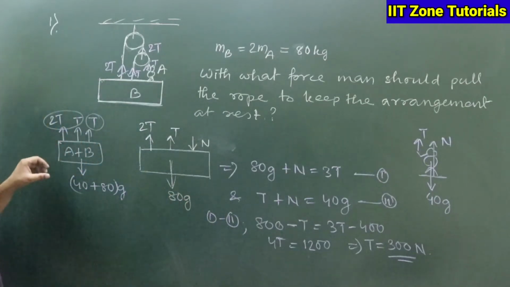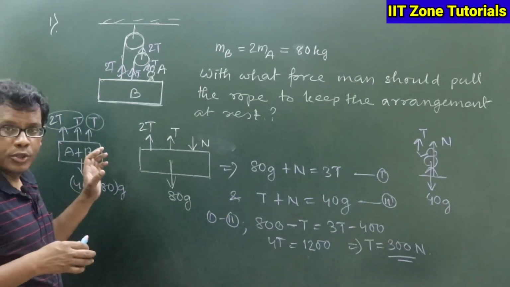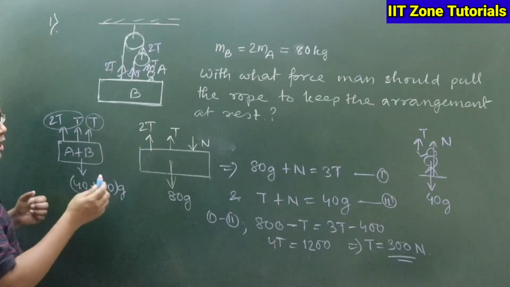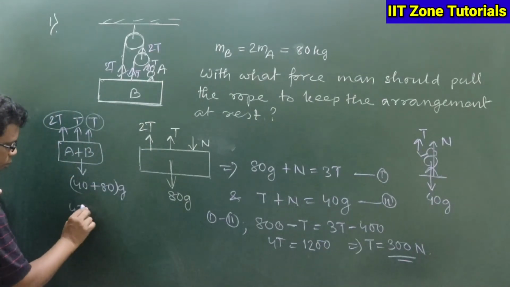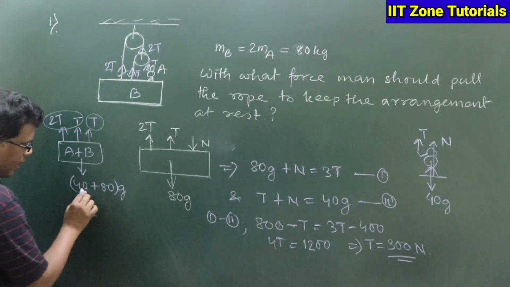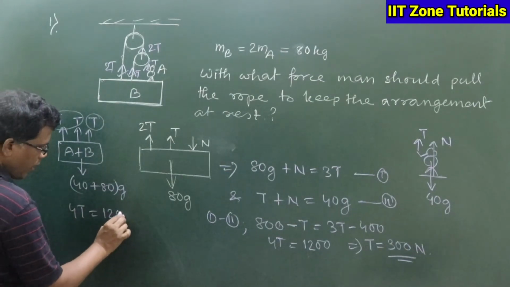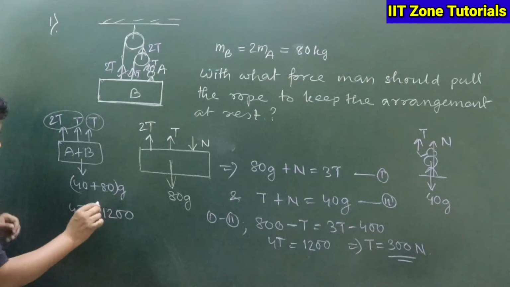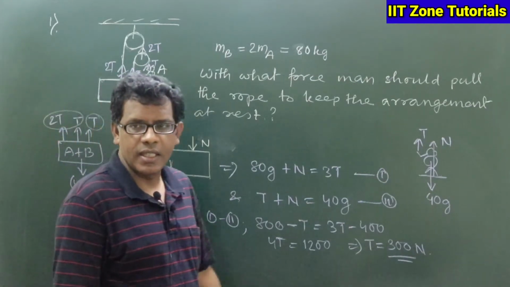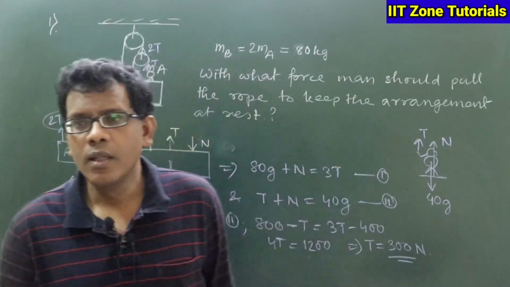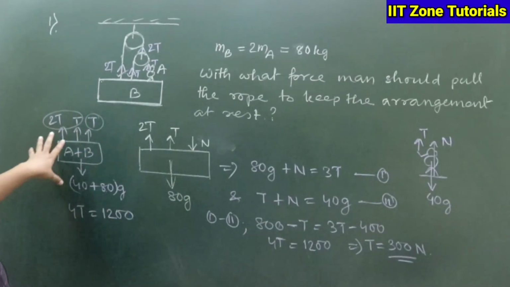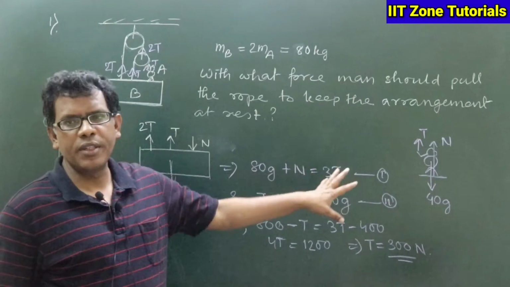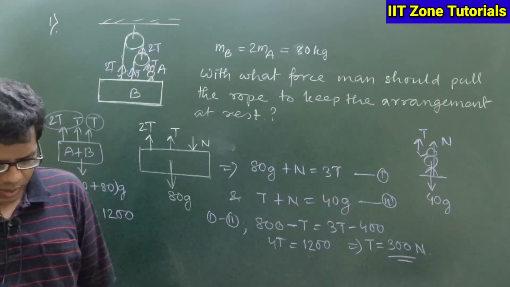But when we are working with the composite block, then we don't need to consider the contact force between them. So ultimately the downward force will be 120 into 10, 1200, and again we will get the answer in the same way. So I have shown you both ways. This is for the A plus B system and this is the way you can do it for the individual blocks.